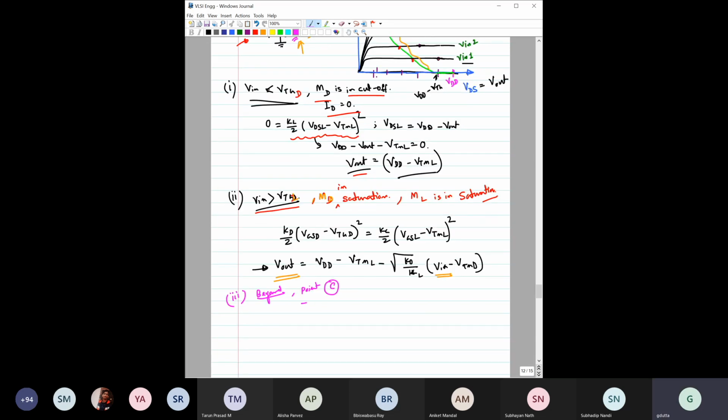If we say that beyond point C, this MD is in the triode region, but ML is in the saturation region, right?